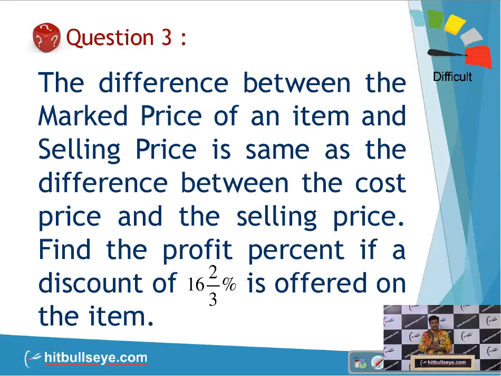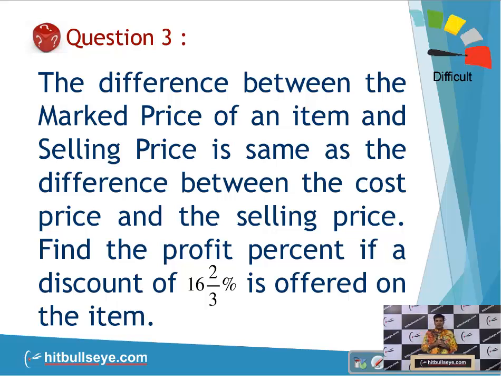Now the next question is: the difference between the marked price of an item and selling price of an item. Now people, we know that generally the difference between the marked price and selling price is discount. So he says the difference between the marked price and selling price is the same as the difference between the cost price and the selling price of the same item.